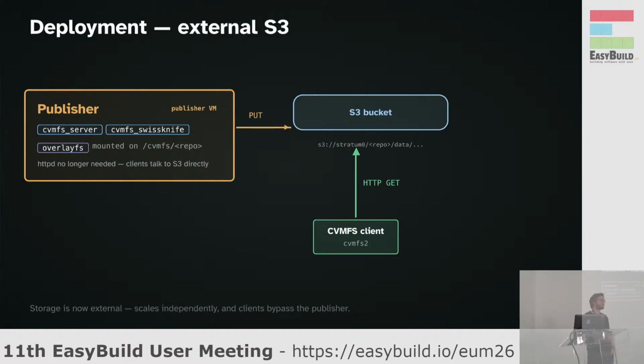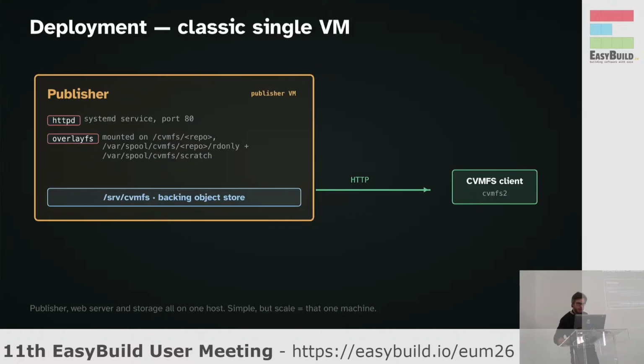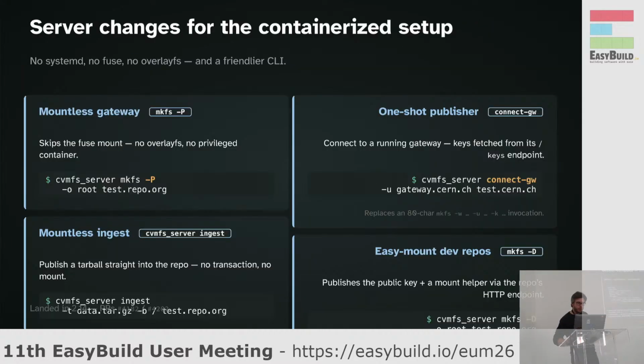You had some slide about transactions not being necessary. If you can go back to that. Transaction, you mean this one? That one, yes, with the mountless ingest. I hope you're not going to drop the transaction part. No. I rely heavily on that. It's maybe a bit misleading.